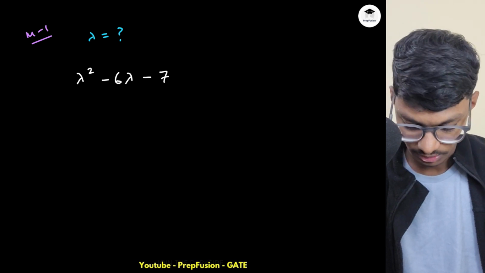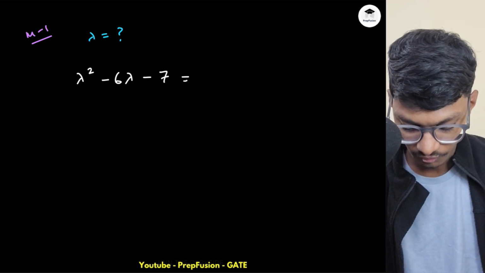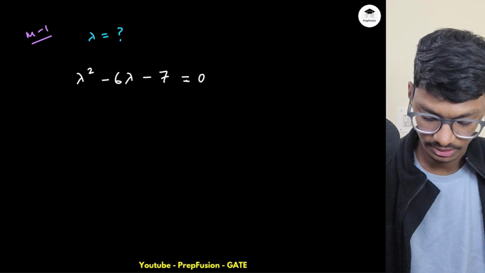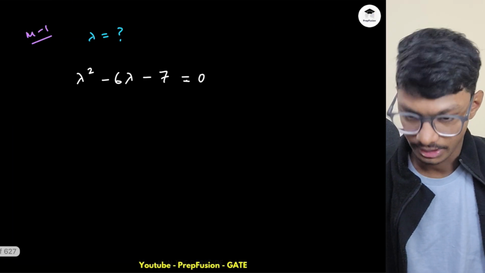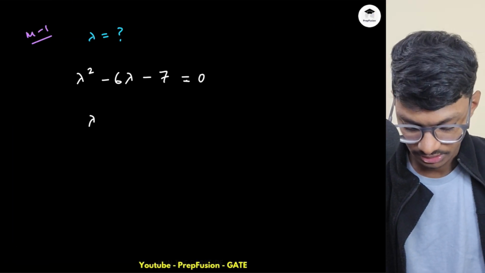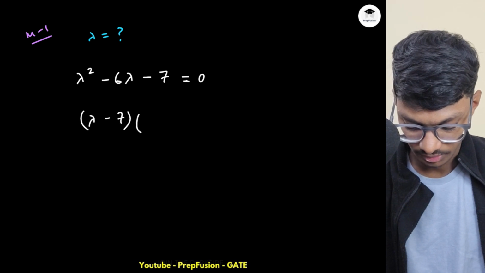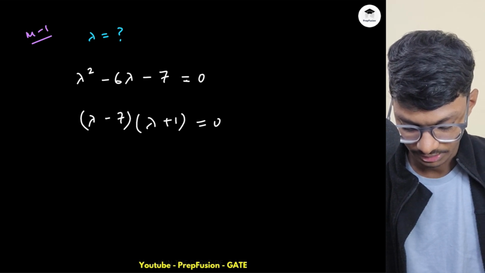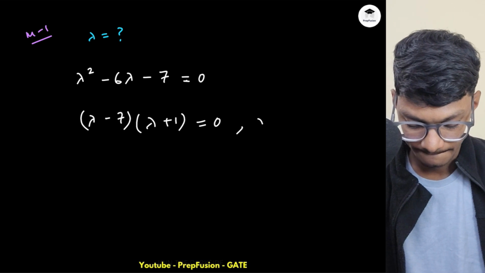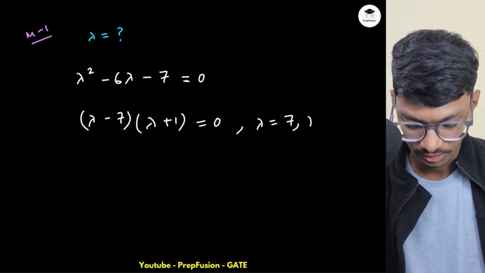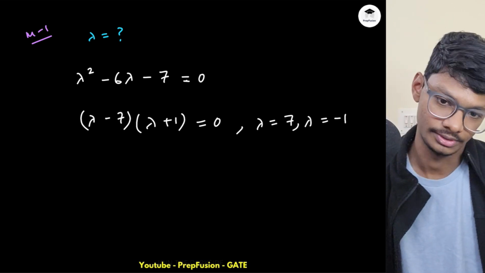So lambda squared minus 6 lambda minus 7. Can I factorize this? It will be (lambda minus 7)(lambda plus 1). So lambda equals 7, lambda equals -1.